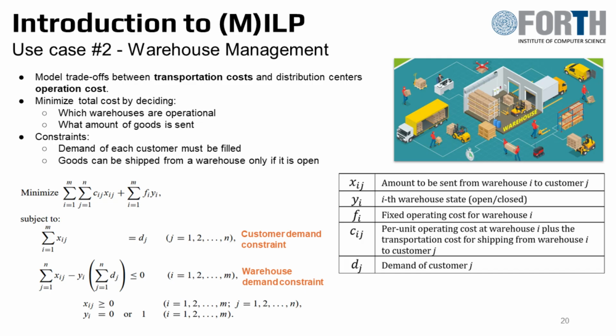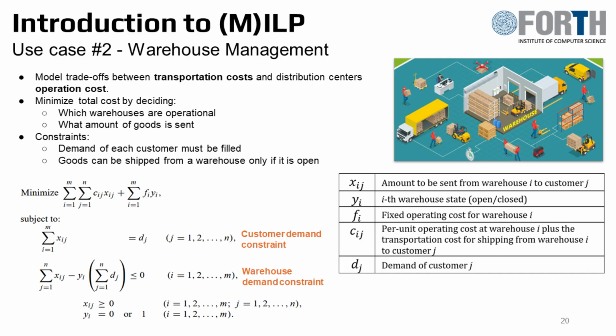We now move from strategic investment decisions to an operational planning problem. Warehouse management is about balancing 2 competing cost components: transportation costs and the operating costs of distribution centers. The objective is to minimize total cost. To do that, we must decide which warehouses should be open and how much product should be shipped from each warehouse to each customer.